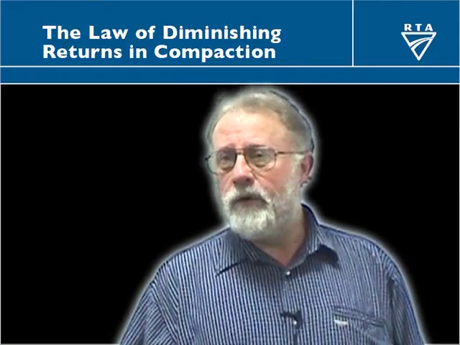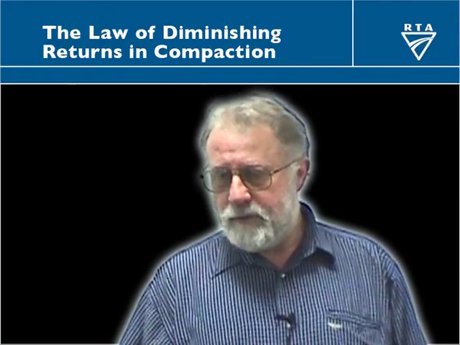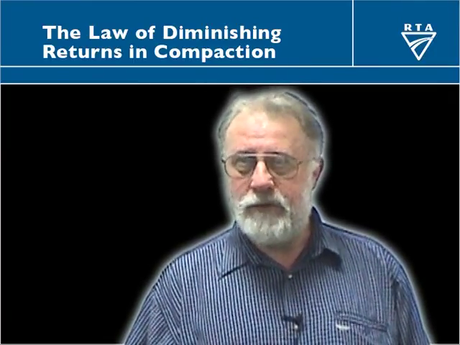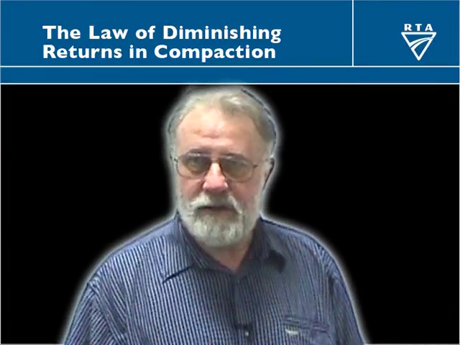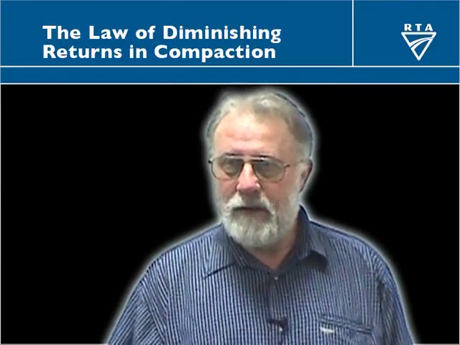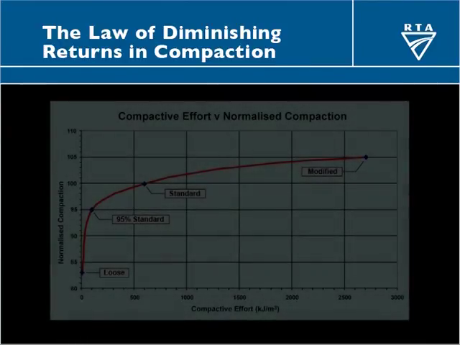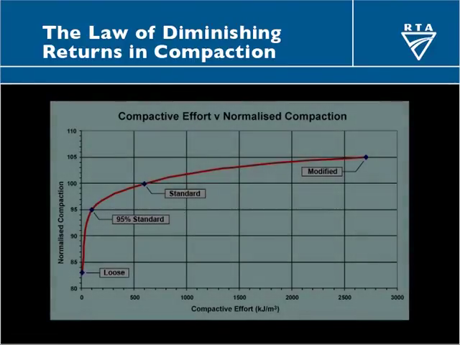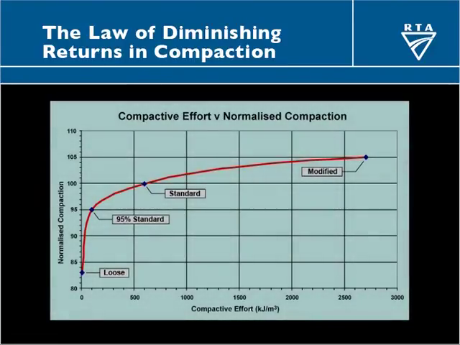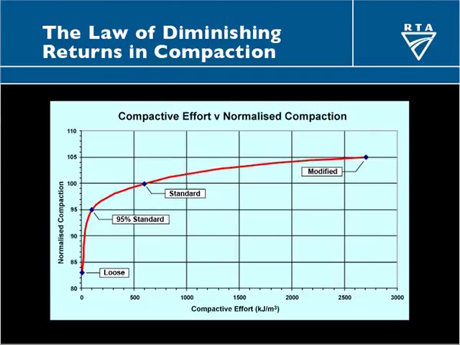Now, from that, and from similar results, we can actually deduce something important about what I've described as the law of diminishing returns in compaction. If we normalise results, say, by dividing them by the standard maximum density, and we call that 100%, we can see at one end modified compaction will perhaps give you about 5% higher density.